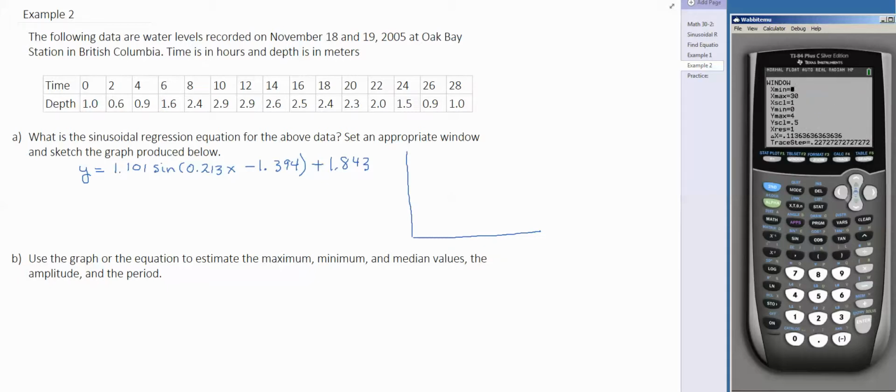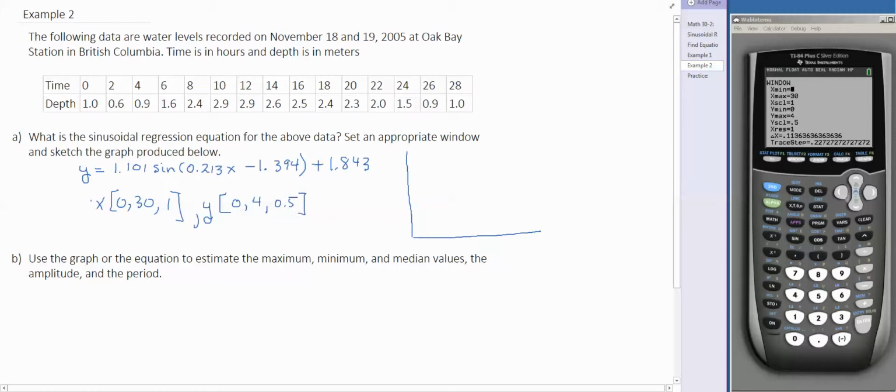We have our windows. X is 0 to 30, with increments of 1. For the Y, I have 0 to 4, with increments of 0.5. So when we go to our graph, I'm between 0.5 and 1.